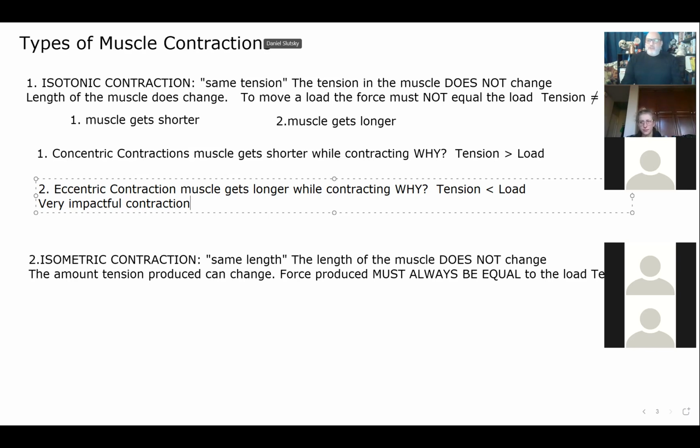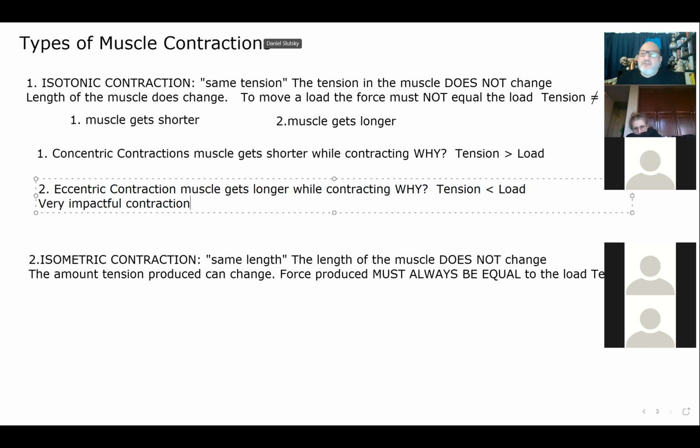Is that the best way to work out the muscle to get the effect that they want? No, it is much better to let it down in a controlled state. As you're letting it down in that controlled state, you're doing a much more impactful contraction of your bicep muscle, and you're going to get bigger muscles from that more controlled descent.